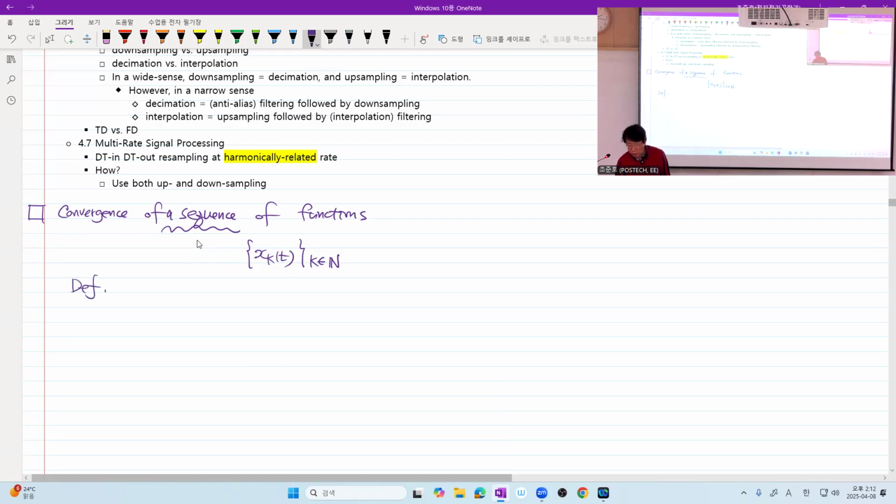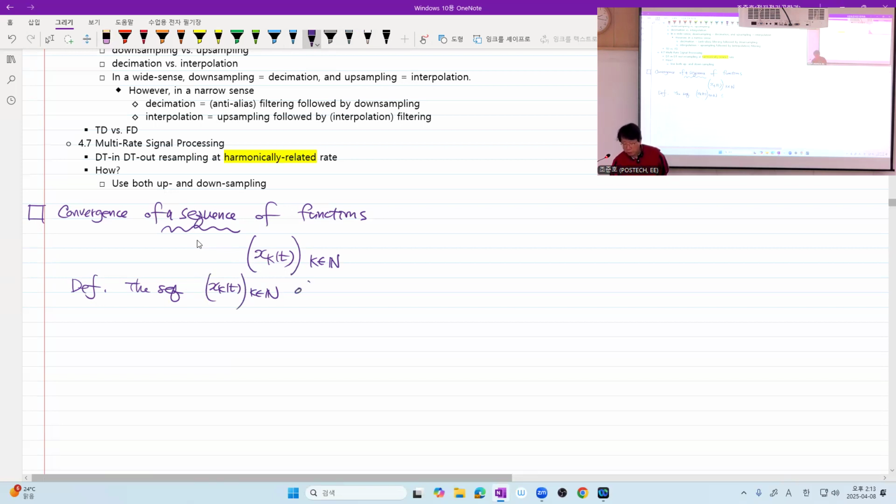Here goes the definition. The sequence of functions, let me not use this because it looks more like a set. So let me use parentheses, even though there is inside parentheses.